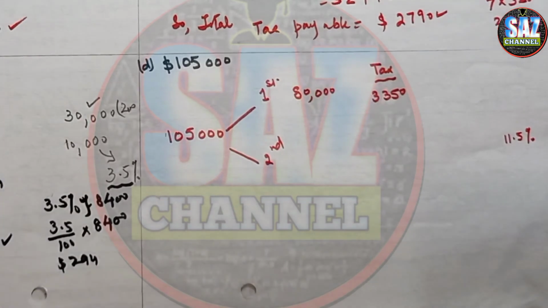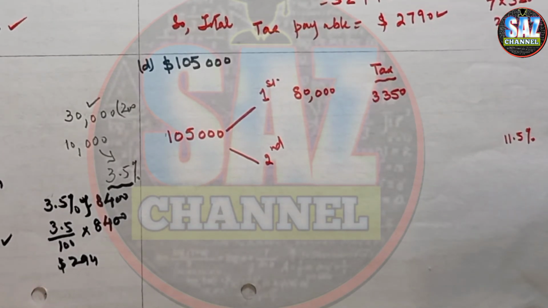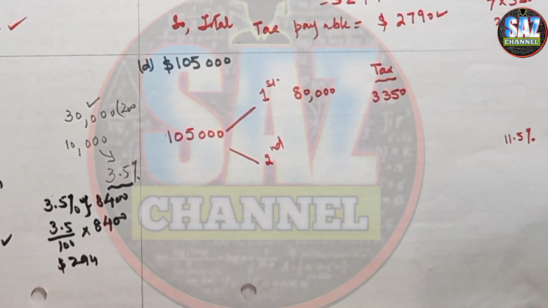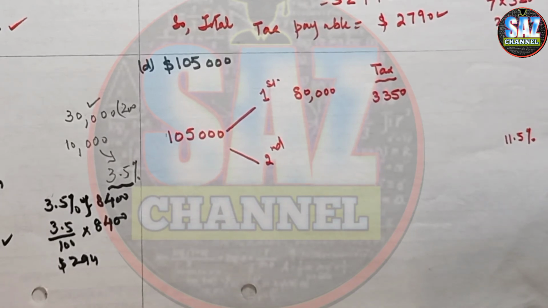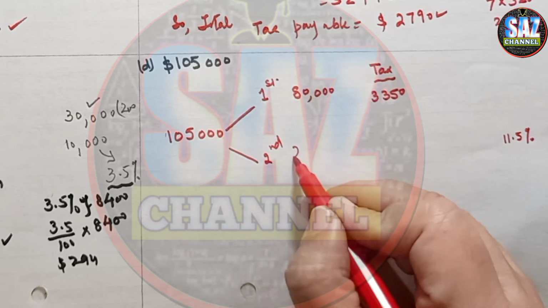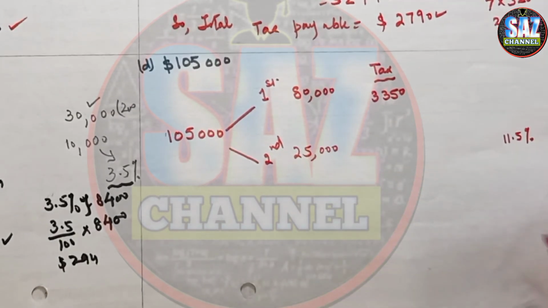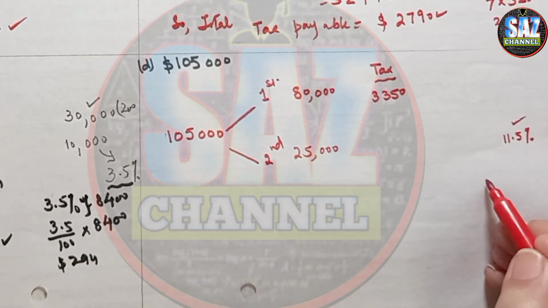Now let me come to the solution of the remaining part of the question. I have to take away this 80,000 from 105,000, and the second amount will be $25,000. On these $25,000 I have to pay the tax with 11.5% of this amount.